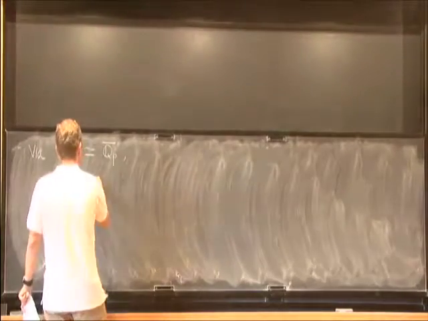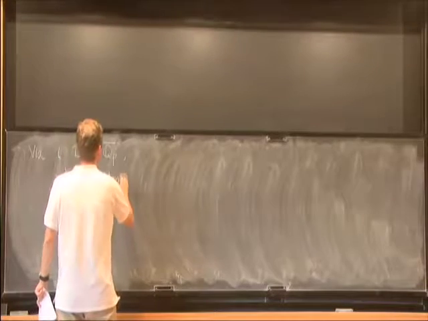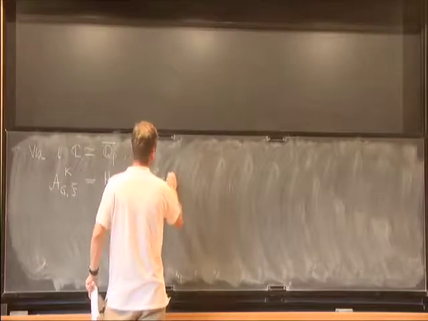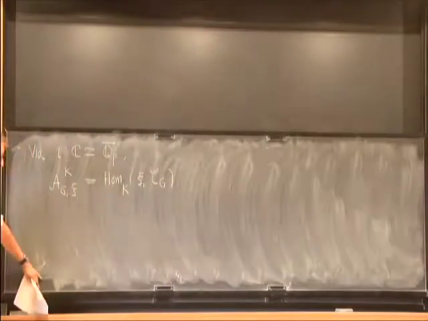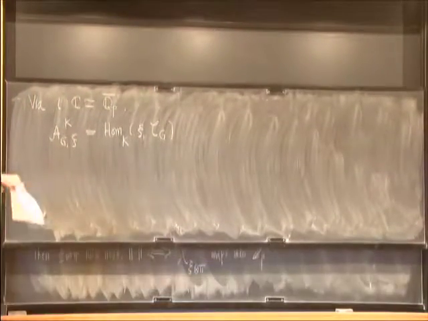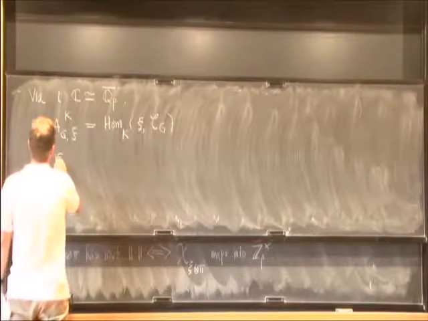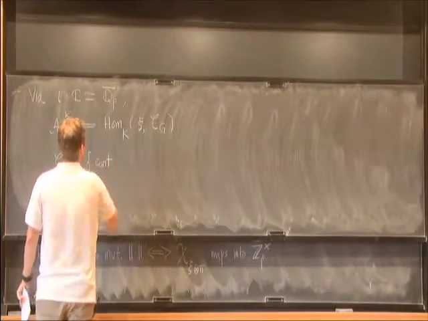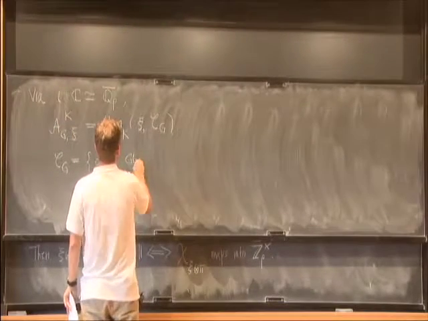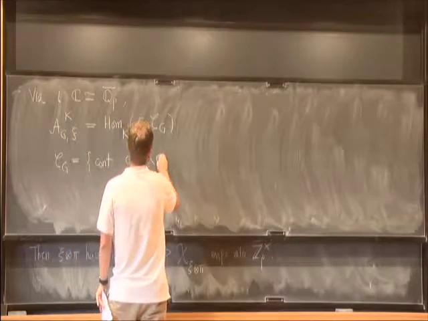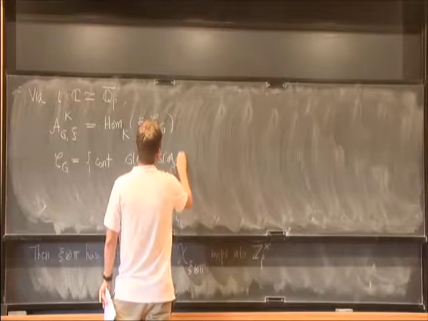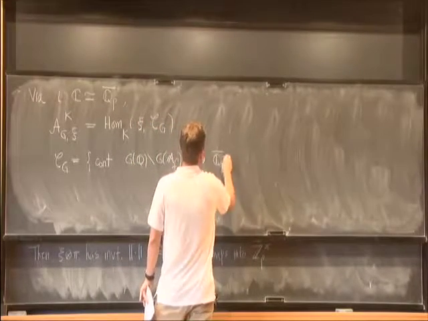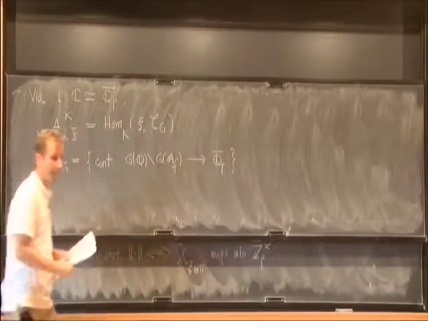So this is just identified with the Hom from psi into the space of continuous functions on a certain quotient. So C G is just the space of continuous functions on this quotient, taking values in Q p bar. Okay.